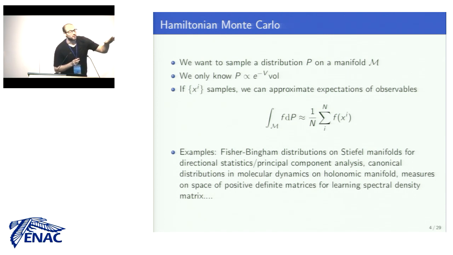That's going to define some holonomic constraints, and so you end up having to sample that distribution over the holonomic manifold. And recently there's also been application to the Grassmannian manifold or space of positive definite matrices for learning the spectral density matrix by Andrew Holbrook.